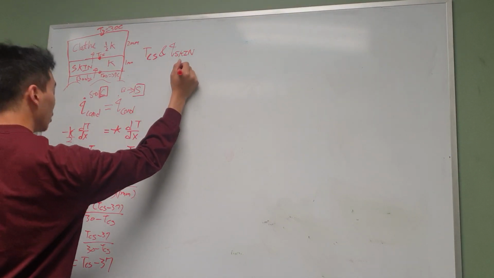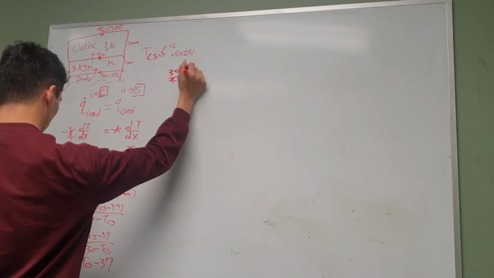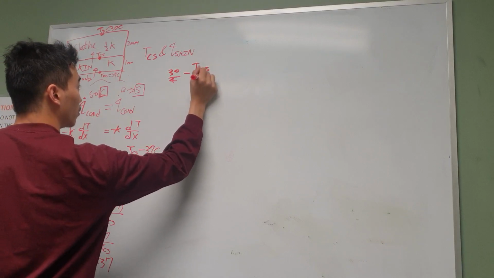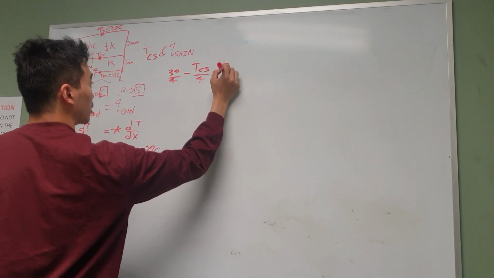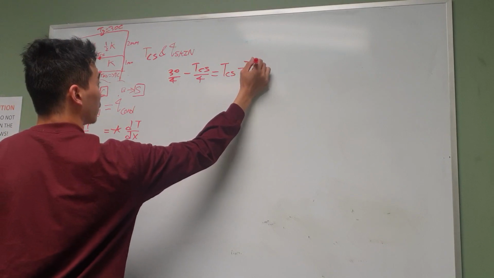So 30 over 4 minus TCS over 4 equals TCS minus 37.